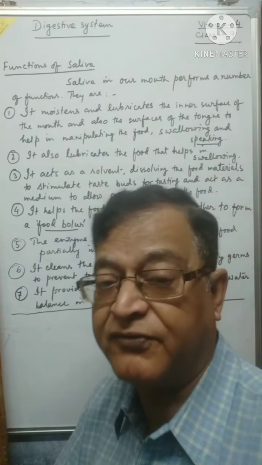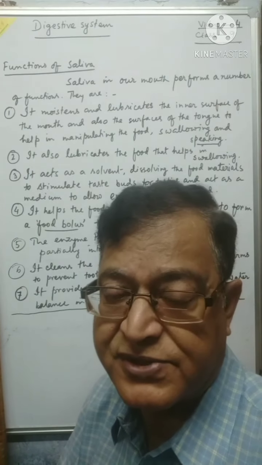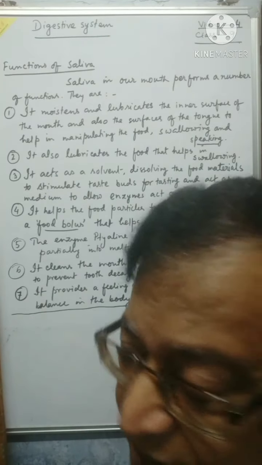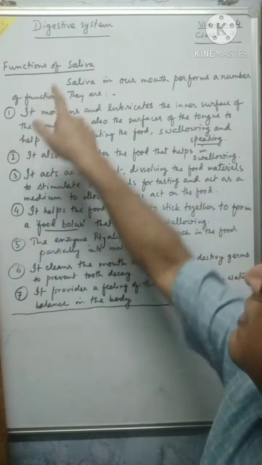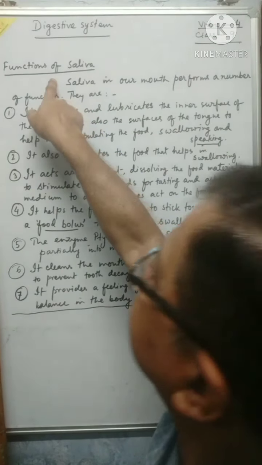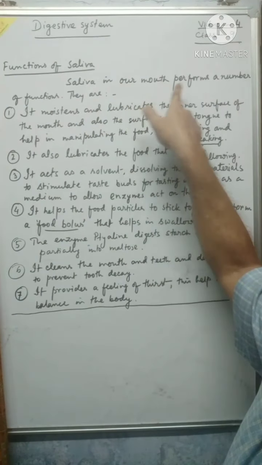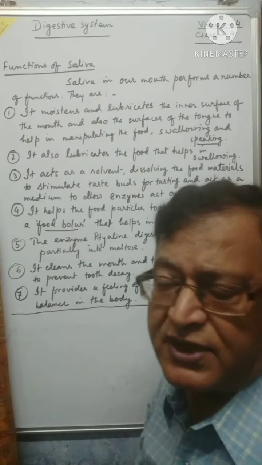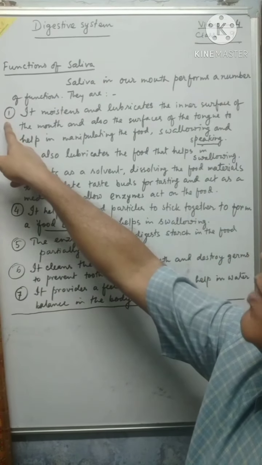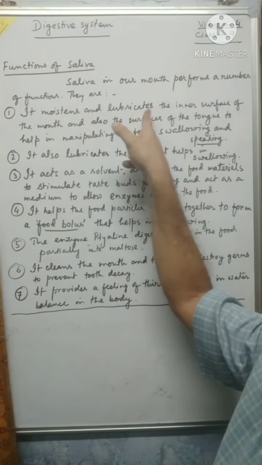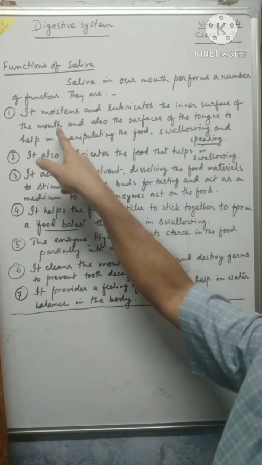There are a number of functions saliva performs. One by one they have been listed and I will explain each of them. Number one, it moistens and lubricates the inner surface of the mouth.